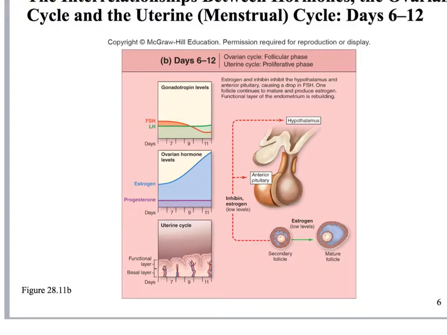The estrogen levels feed back, but estrogen also induces growth of the follicle to a larger stage prior to ovulation, and then in the proliferative phase within the uterine cycle, cells are growing. Tissue is growing.